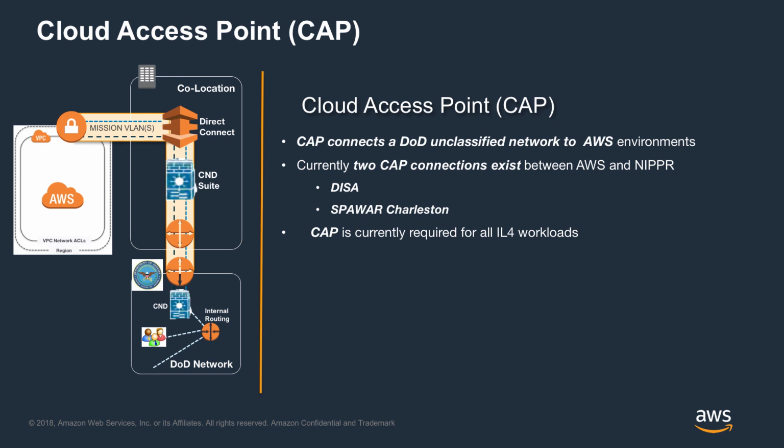So what you're looking at is essentially the on-prem environment hitting a co-location meet-me point, and from there, the cross-connect into the AWS backbone allows you to peer that connection into the AWS GovCloud regions. And the CAP is just that. It's just a set of BGP routers and security that are allowing you to have that extensibility of a VLAN within the NIPR into AWS.